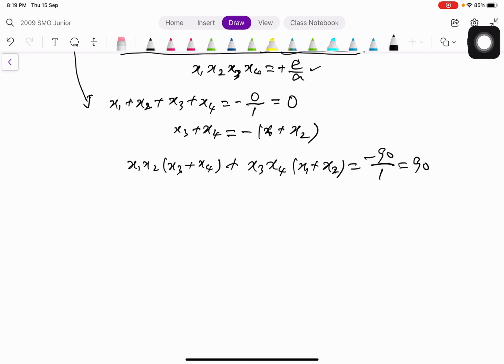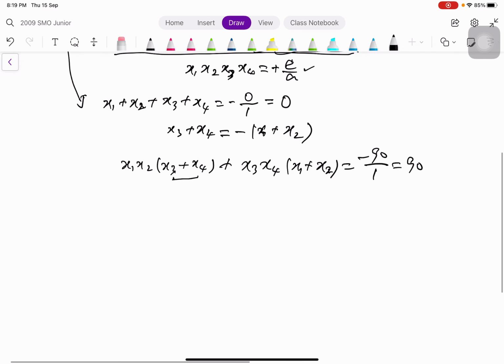We can see that this expression is equal to negative x1x2 times (x1 plus x2), plus x3x4 times (x1 plus x2), and this is equal to minus 90.